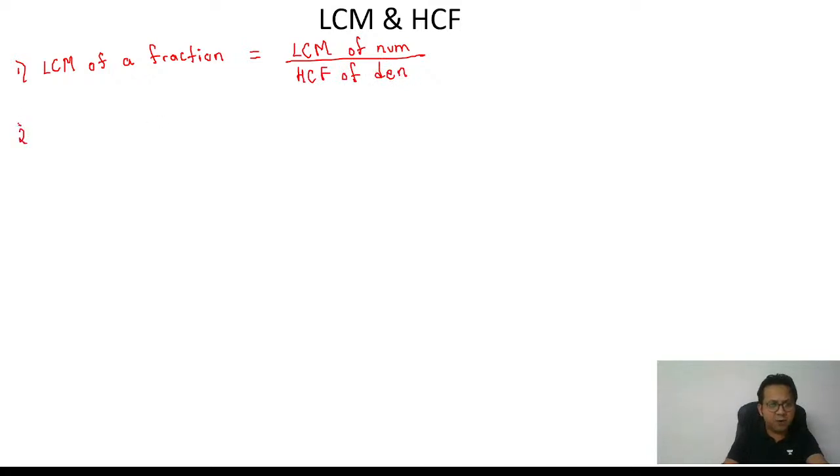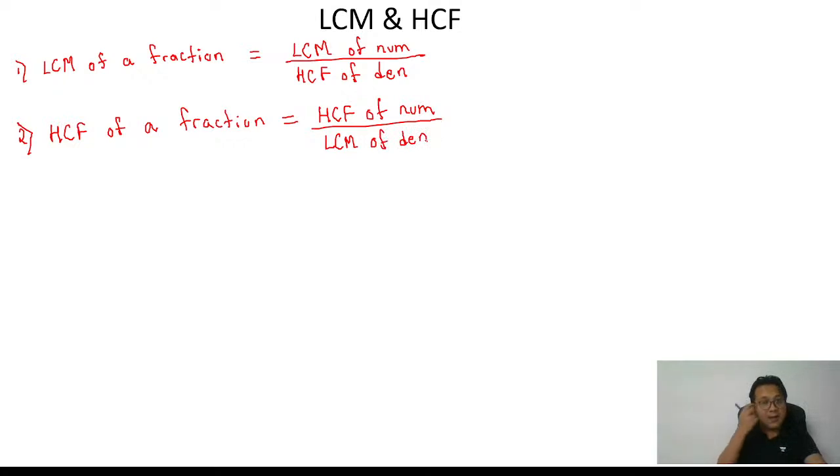Similarly, the second formula was HCF of a fraction. You know how to find LCM and HCF. Just that for a fraction, you need to remember HCF of a fraction is equal to HCF of numerator divided by LCM of denominator. Remember this?